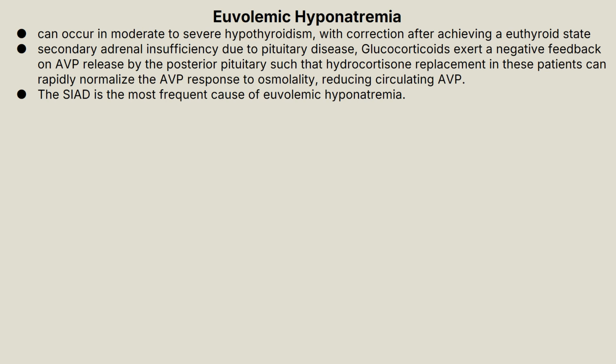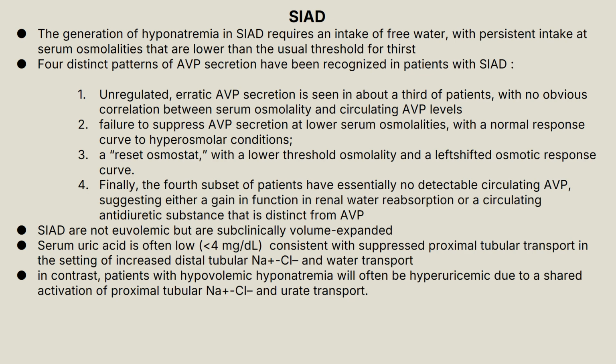SIAD, the syndrome of inappropriate antidiuretic hormone, is the most frequent cause of euvolemic hyponatremia. The generation of hyponatremia in SIAD requires an intake of free water, with persistent intake at serum osmolalities that are lower than the usual threshold for thirst.